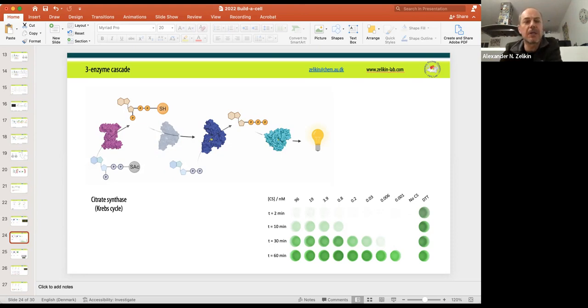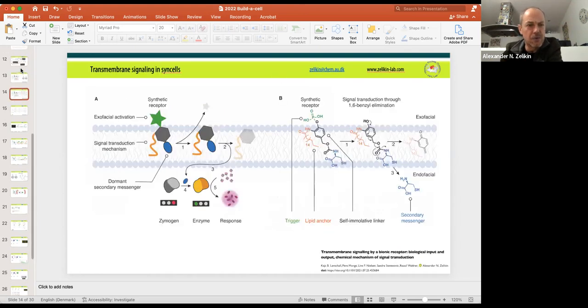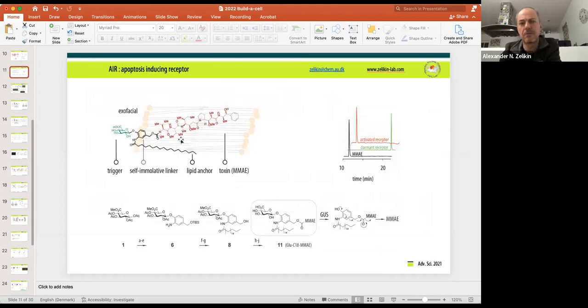What we've been dreaming of, we just don't have resources to do everything, is instead of MMAE here, which is a natural product, putting in a drug that is completely unnatural. The cascade would be controlled by a synthetic molecule. I think that's a technical difficulty, not a scientific one.